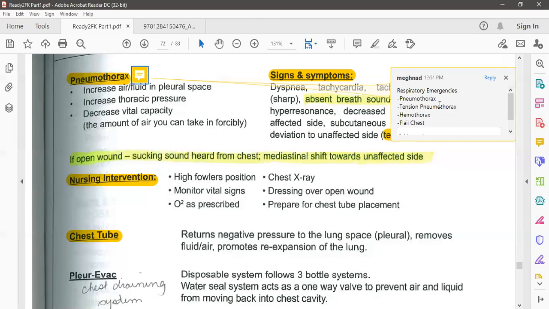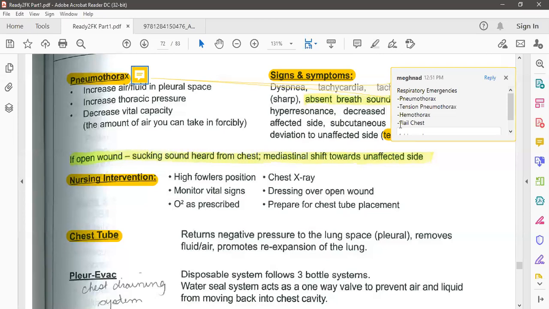The key symptom is tracheal deviation. Then hemothorax: when blood accumulates in the pleural space, we call it hemothorax. The key symptom is dullness on percussion.